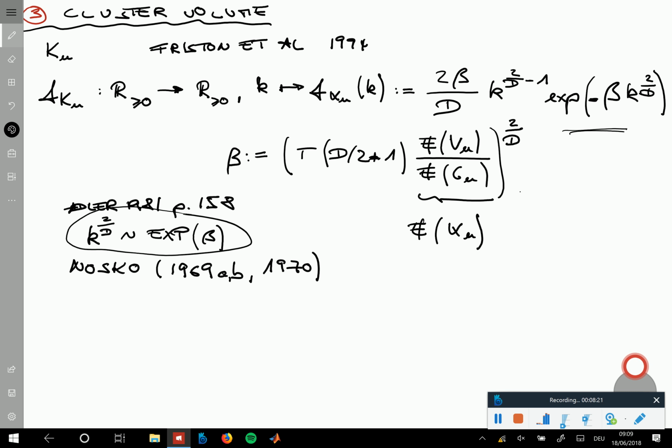And then what Friston et al. did in 1994 was to use what is called a change of variable, which sounds a little bit harmless because it sounds like instead of writing k, you write x or something. But what this really means, this is the English term for what the Germans call the probability density transformation theorem.